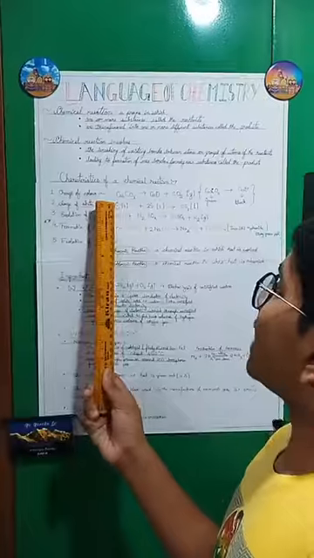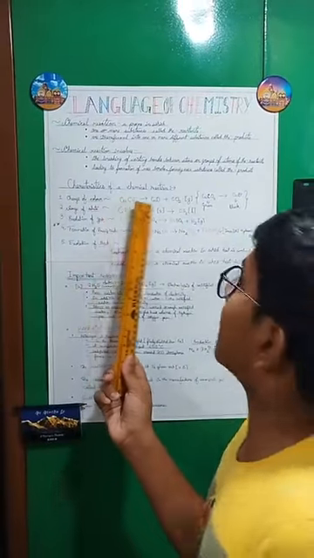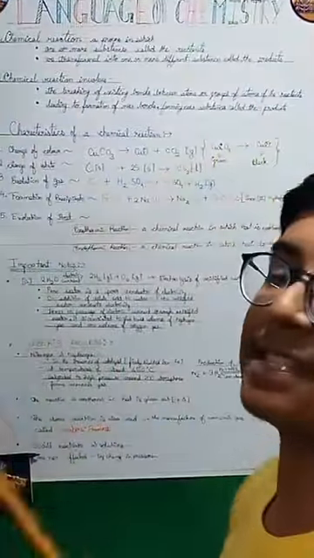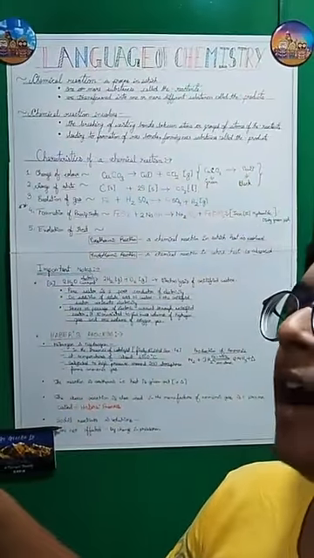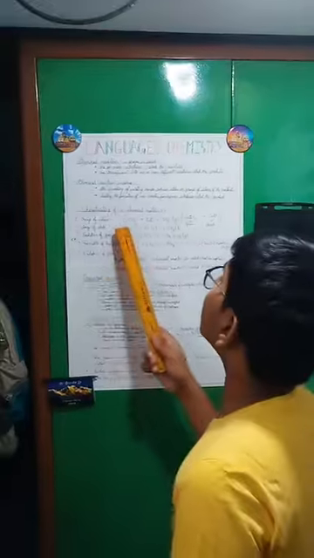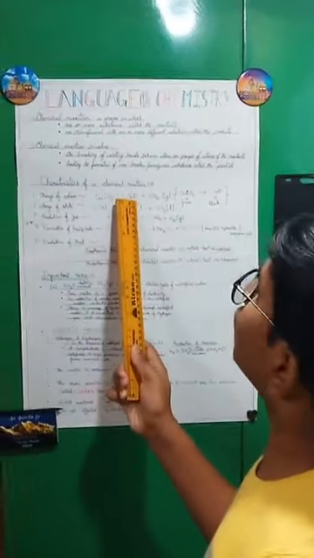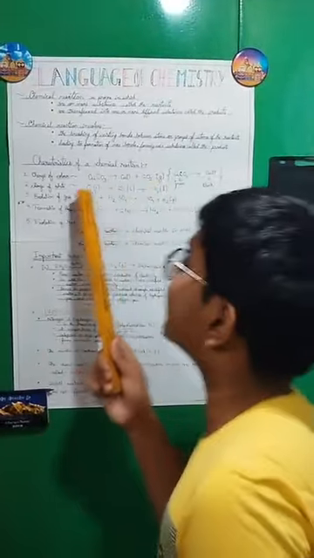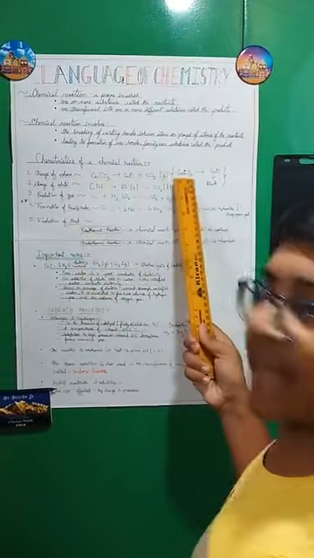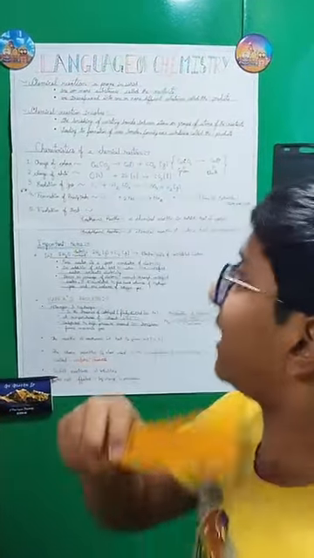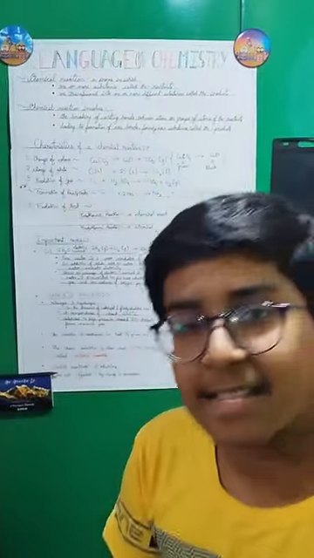So here the change of color example is copper carbonate equals copper oxide plus carbon dioxide. Here gas is evolved, which means it is released out. So here copper carbonate, CuCO3, breaks down into CuO plus CO2. That is, copper carbonate is green in color. When it is heated, it turns black. That is copper oxide, and carbon dioxide gas is released.